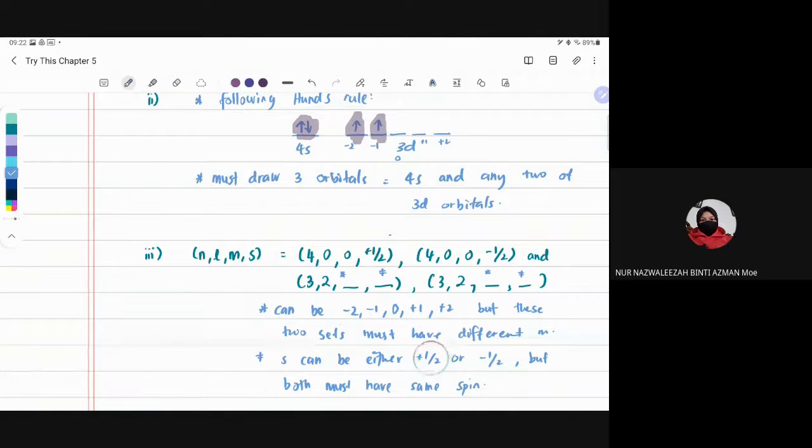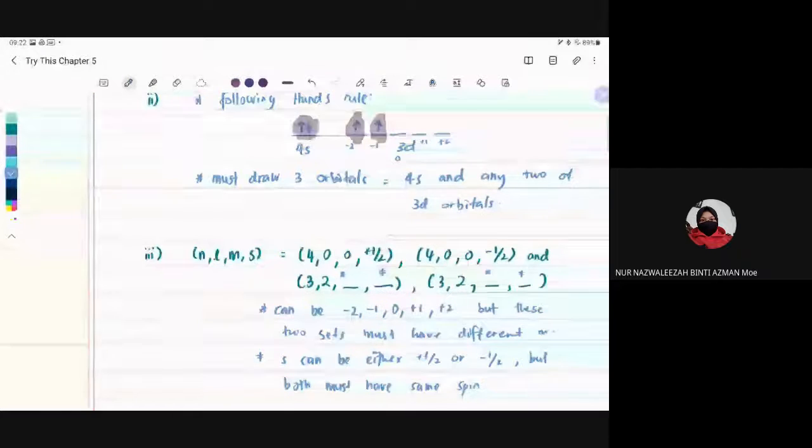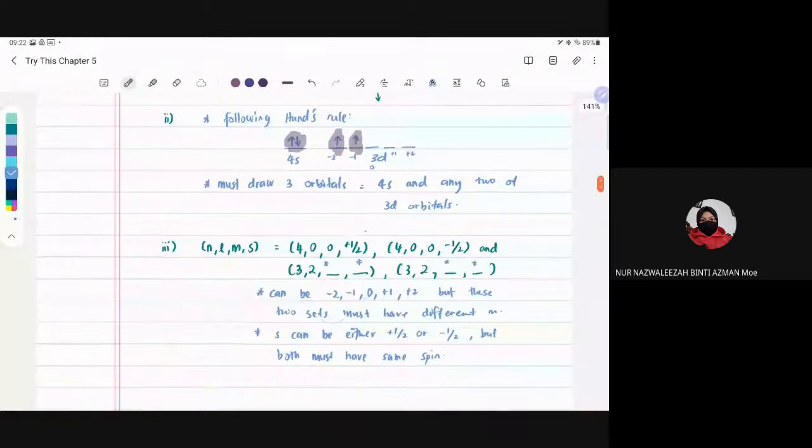Maksudnya mesti sama. Dua-dua tu kita tengok dia punya arah putaran dia sama kan? Dua-dua ke atas. Jadi kalau kita letak positive half, yang ni pun mesti positive half. Kalau kita letak ni negative half, yang ini pun mesti negative half juga. That's how we give the set of quantum numbers.